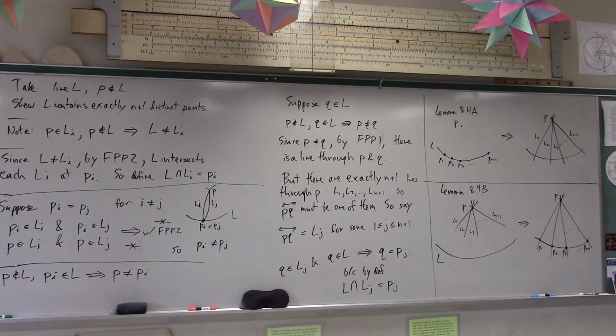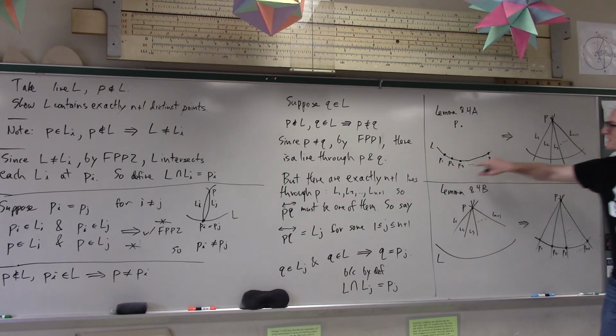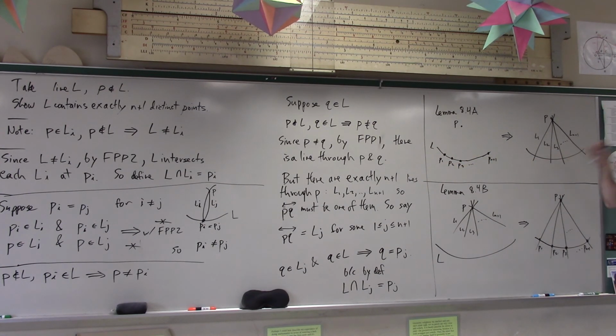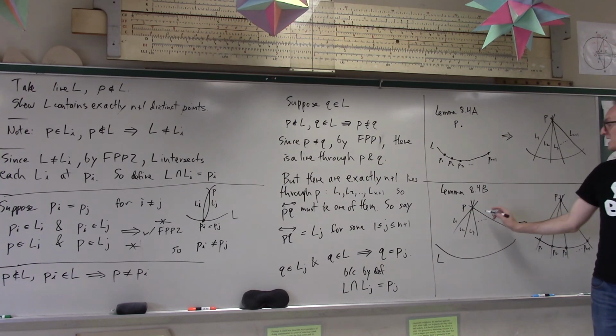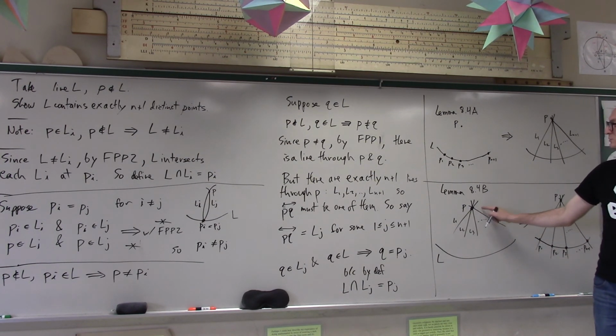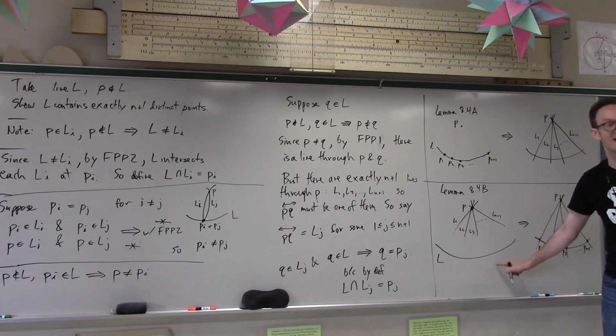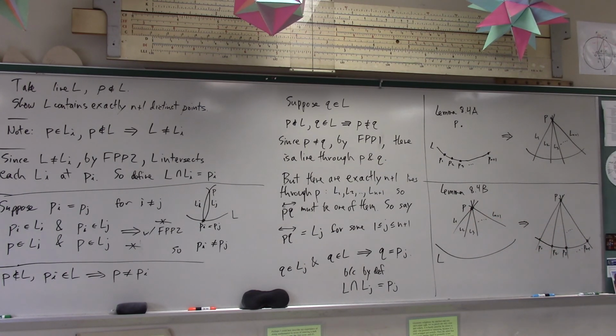So Lemma 8.4a says give me a point off a line with n plus 1 points, and there are n plus 1 lines through P. And Lemma 8.4b says give me a point with n plus 1 lines through it off the line L, and those n plus 1 lines will meet L at n plus 1 distinct points, and there are no other points.